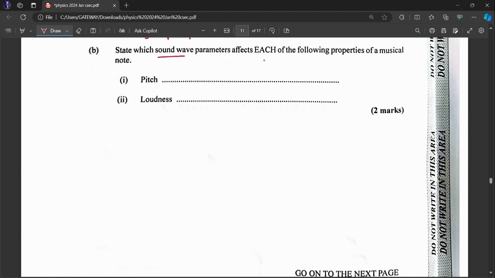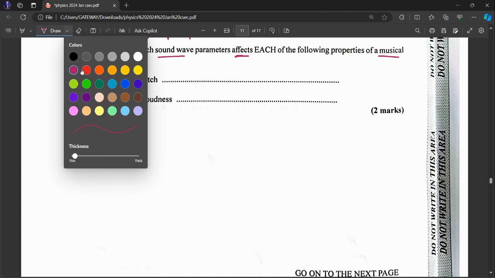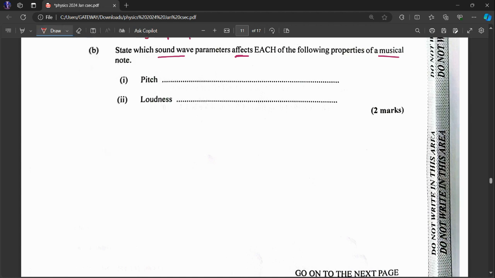Now here you have: state which sound wave parameters affect each of the following properties of a musical note. So you have pitch. What is pitch? Pitch is directly related to the frequency of the sound wave. Right?